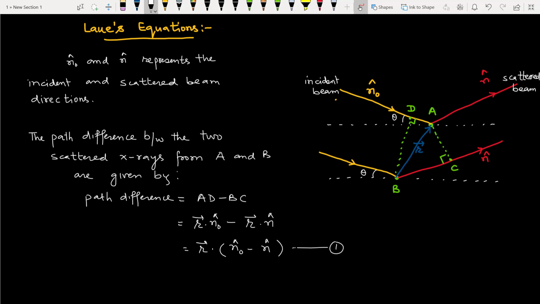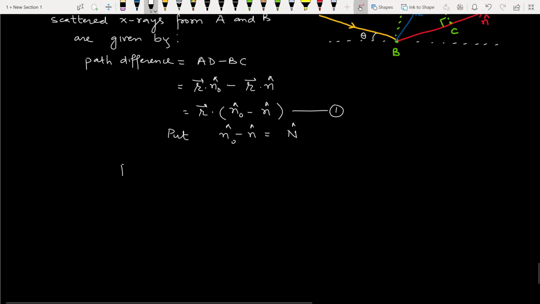So if we put n naught cap minus n cap equal to capital N cap, then the path difference will be R vector dot capital N cap, or we can also mark this as n vector. So this is number 2.